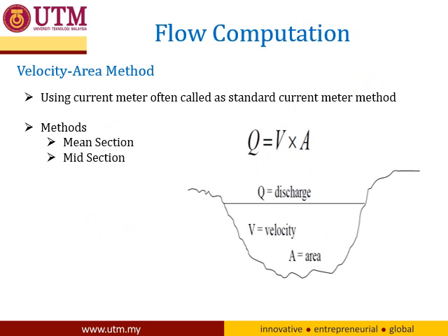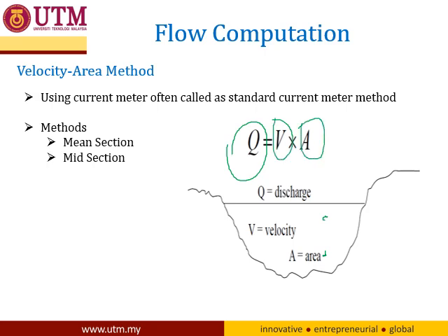So we know the velocity at several cross sections. Later we need to average the velocity, and afterwards what you want to find is the flow rate. So you need to multiply the velocity and the cross-sectional area.